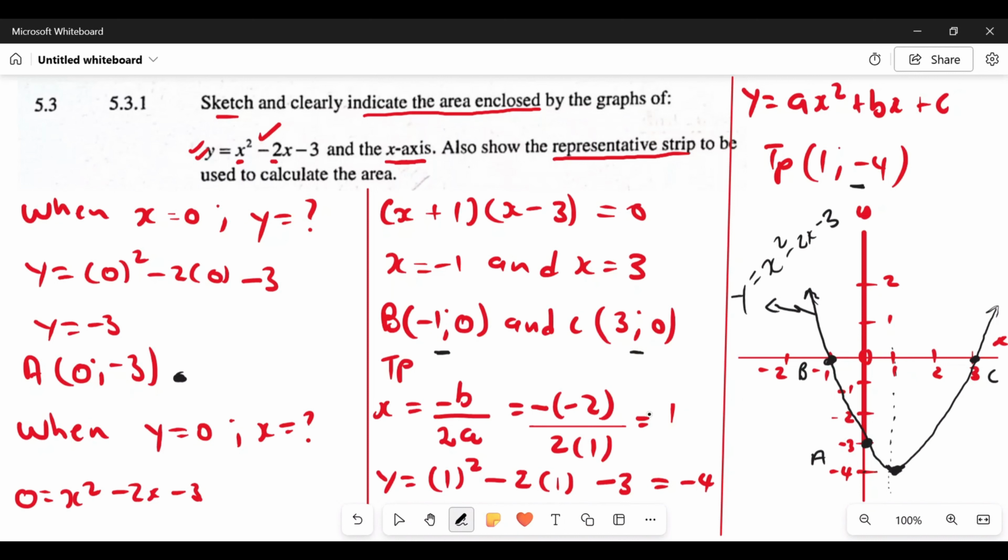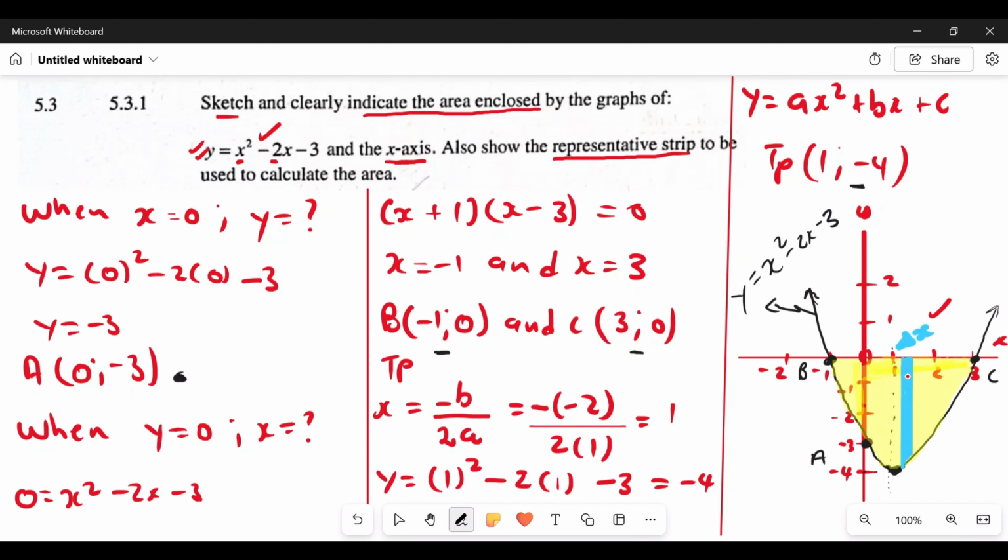Now, remember, they want us to indicate the area enclosed by the x-axis. So let's indicate this area. All right, guys, as you can see, I've highlighted the area and also shown the representative strip here with the blue line.